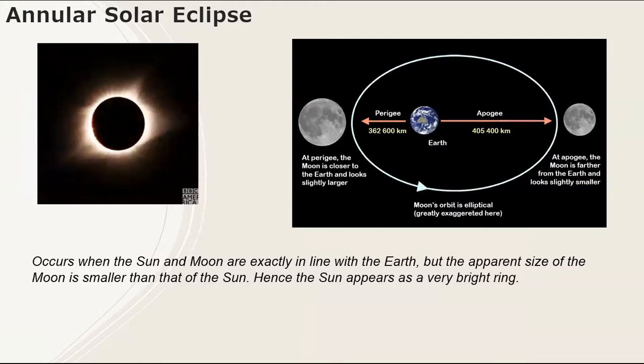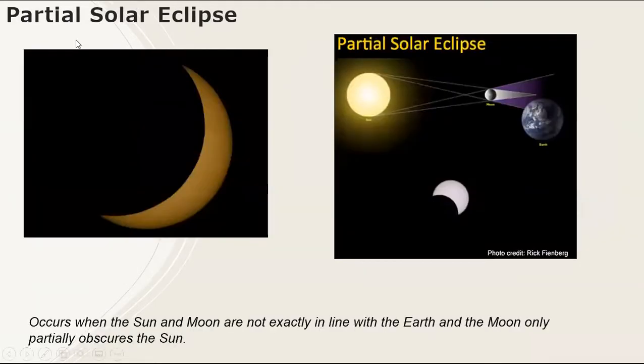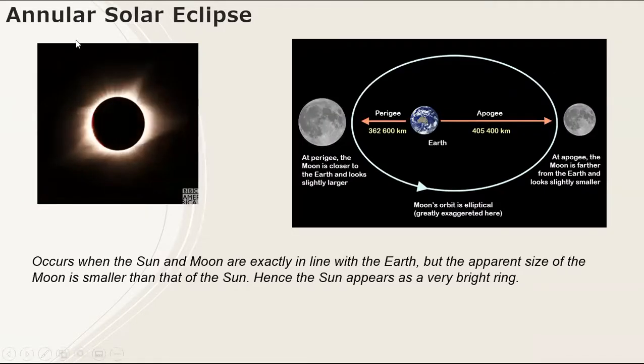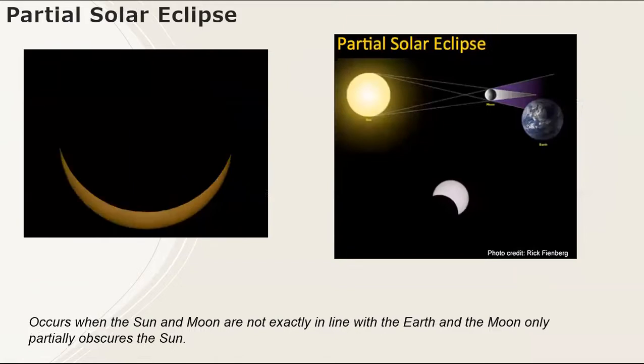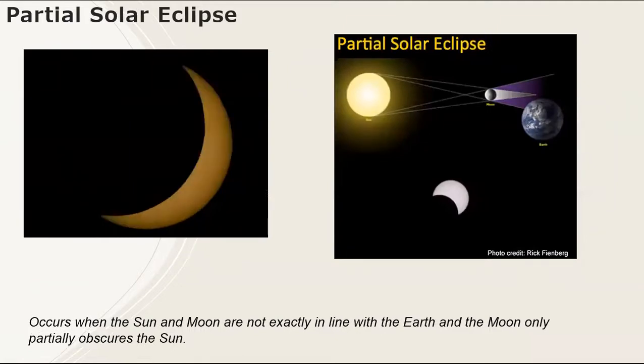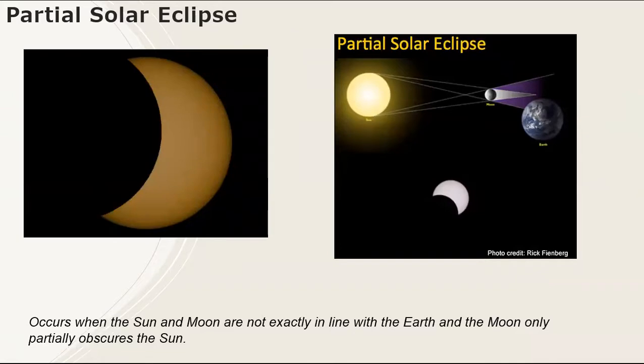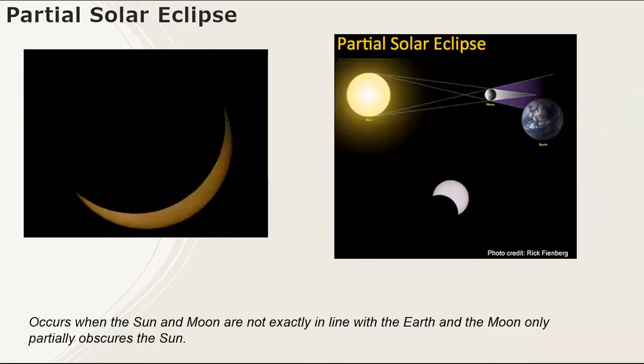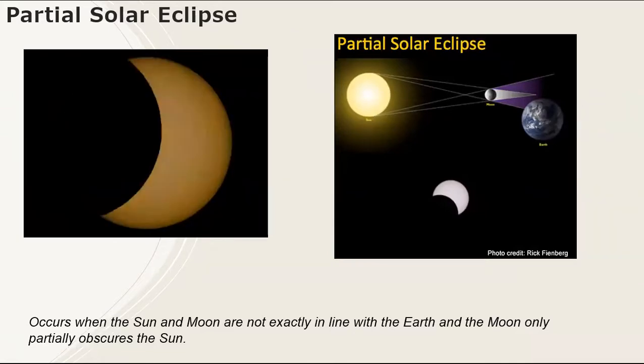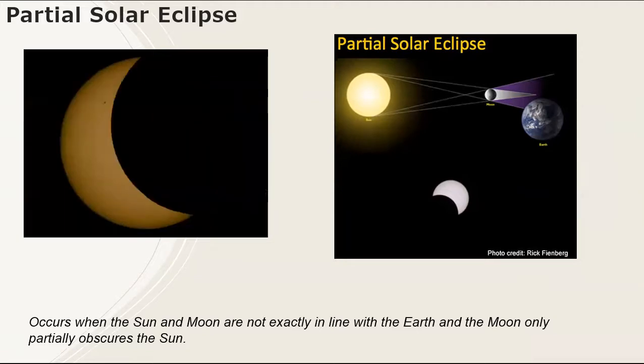An annular solar eclipse occurs when the Sun and Moon are exactly in line with the Earth, but the apparent size of the Moon is smaller than the Sun. Hence, the Sun appears as a very bright ring. A partial solar eclipse occurs when the Sun and Moon are not exactly in line with the Earth and the Moon only partially obscures the Sun.